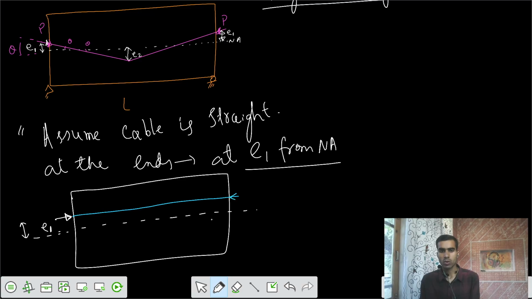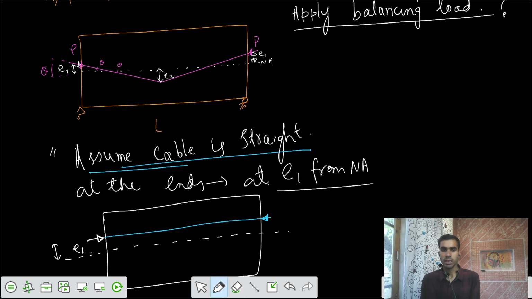This is the load balancing concept: we assume the cable to be straight, corresponding to the eccentricity at the ends, and keep the same eccentricity throughout the length. So assume the cable is straight from the endpoints; after that we keep it as a straight line.